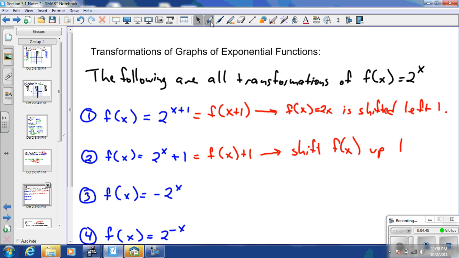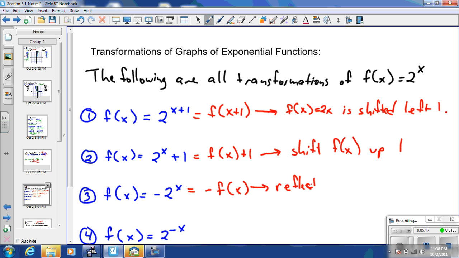Now this guy here, negative 2 to the x. What we have here is the same exact thing as negative f of x. And if we think back, it amounts to a reflection in the x-axis.